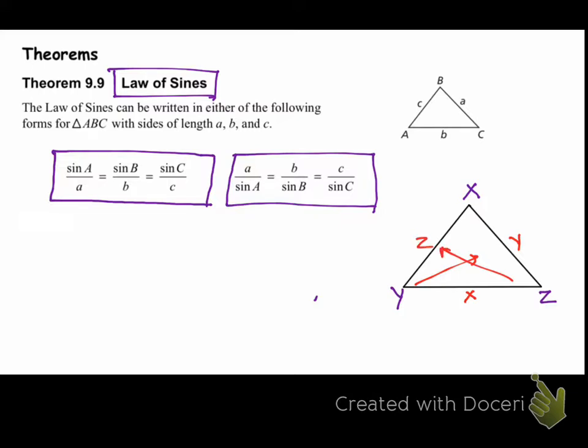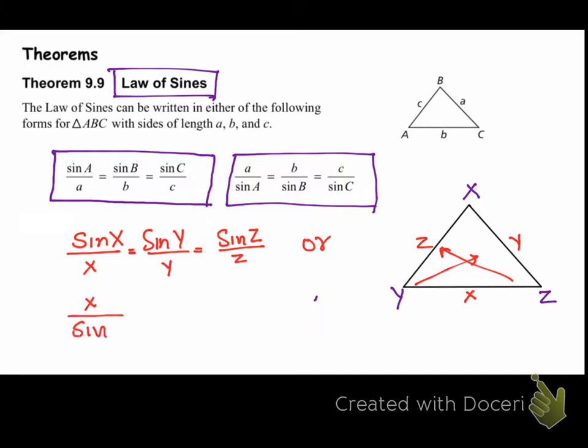My law of sines is going to be sine X over lowercase x, equals sine Y over lowercase y, equals sine Z over lowercase z. Or I can flip it: x over sine X, y over sine Y, z over sine Z. Either formula will be fine, up to you. So that's the law of sines.